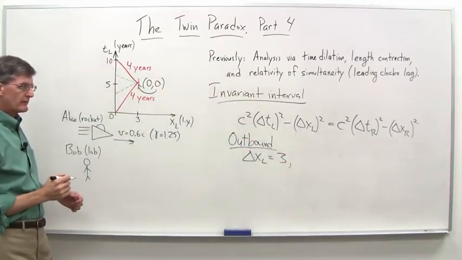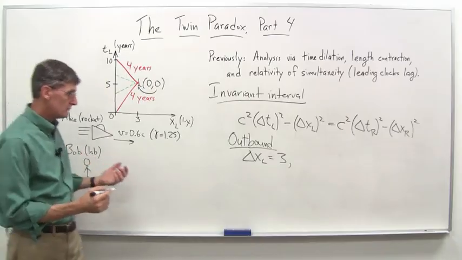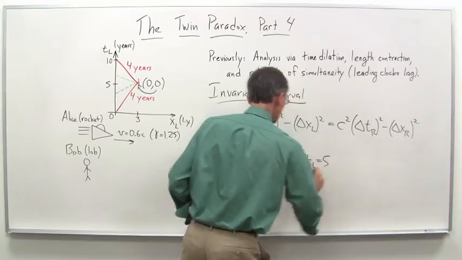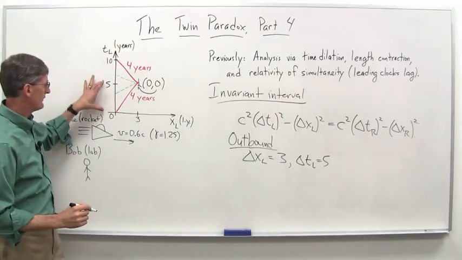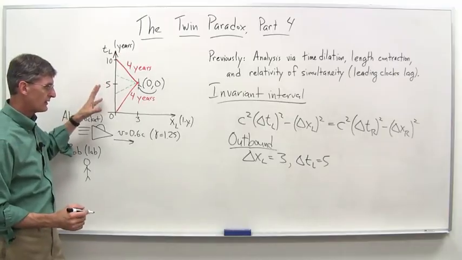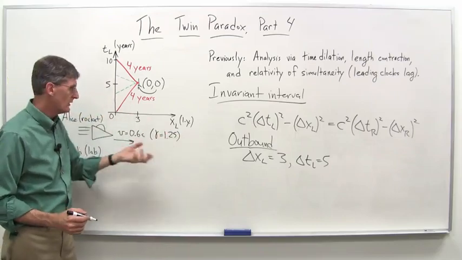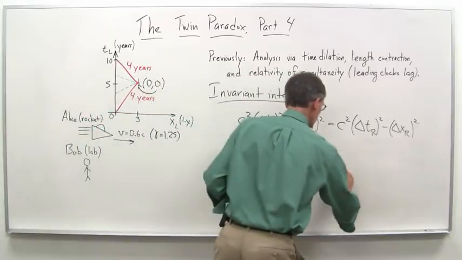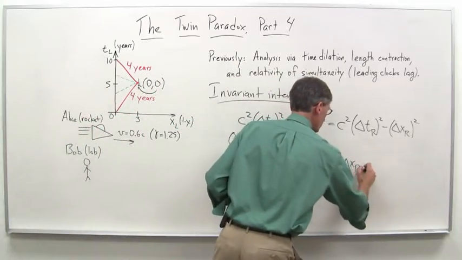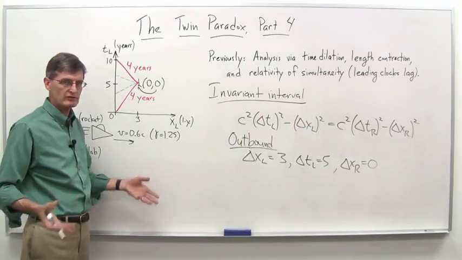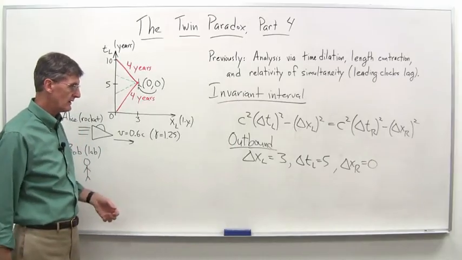In this case, delta t_L, again, we're assuming we've done Bob's analysis, is 5 years for the outbound case. And the other nice thing with the invariant interval is that delta x_R for Alice, as we've already mentioned a couple times, is just 0. Right? Because from her frame of reference, she's not moving. She's just in her spaceship.